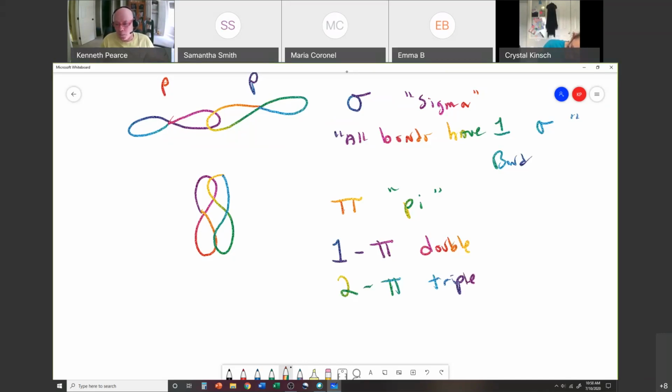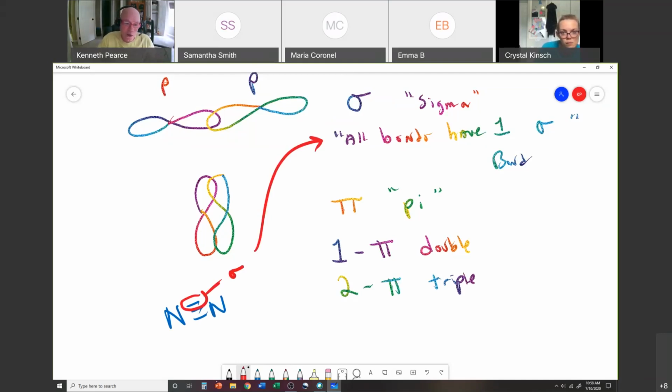Now look, if it's a triple bond, you may be saying to yourself, well, why doesn't it have 3 pi's? Well, look, the first one is your sigma. Remember what I said? All bonds have one sigma.